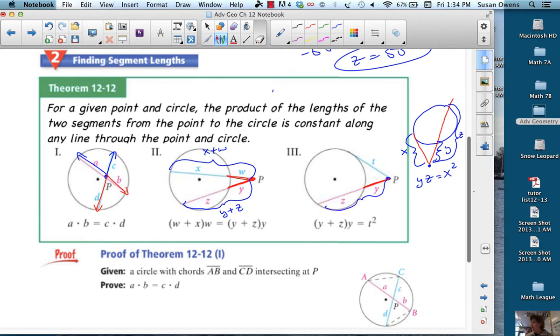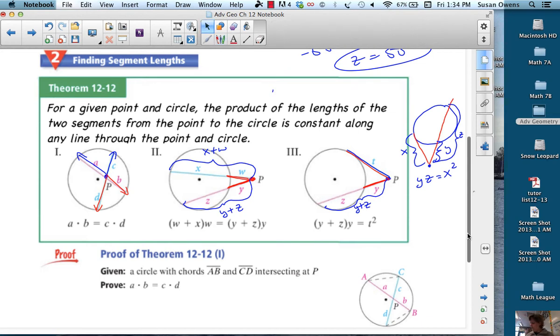So it'll be Y and Y plus Z. But for the tangent one, we just count this as being an intersection twice. So we do T, and then we do T again. And so notice it's T squared. Basically it's the same rule, it's just whether it's inside, outside, or whether the intersection occurs twice, or whether it's tangent and it only occurs once.